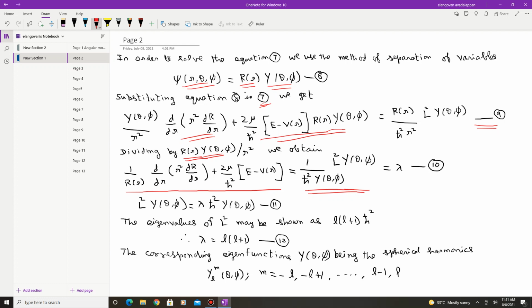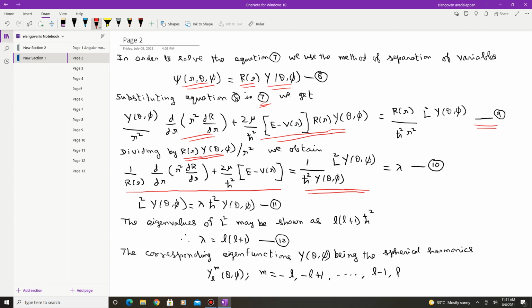But from this equation you find that these both are equal. From equation 10, the left hand side is a function of the radial part alone, and the right hand side is a function of theta and phi, the angular part alone.